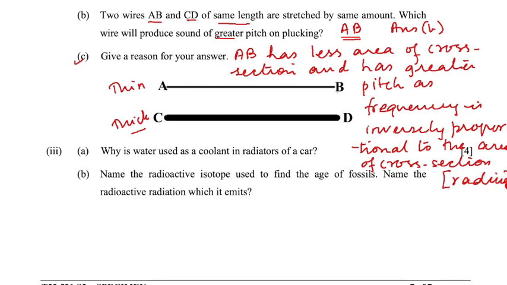So because the radius is less, area of cross section is less, and because area of cross section is less, the frequency is more, and frequency is more, pitch is more.